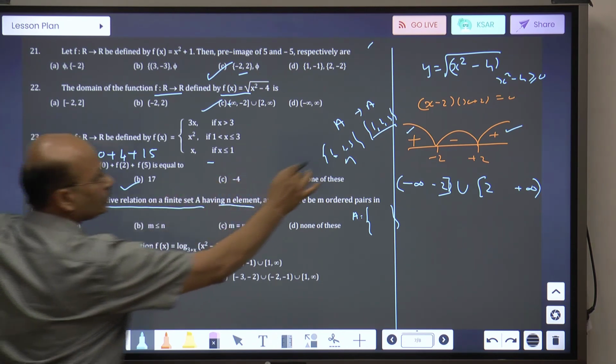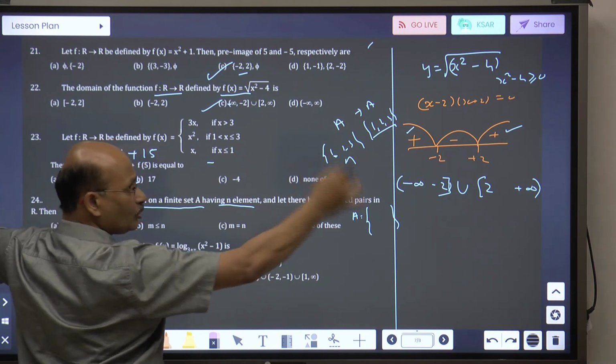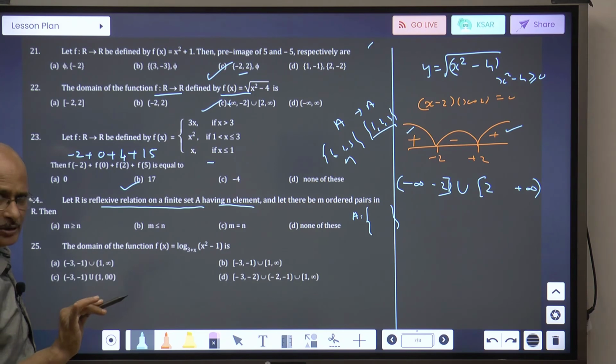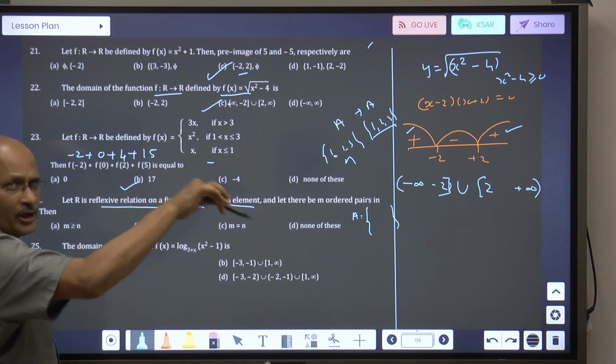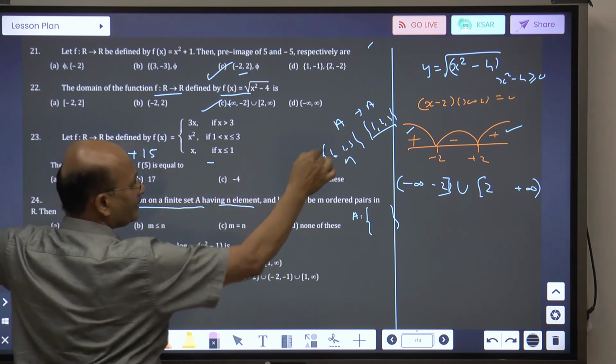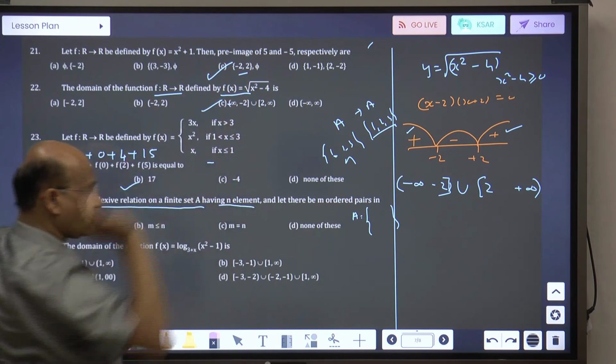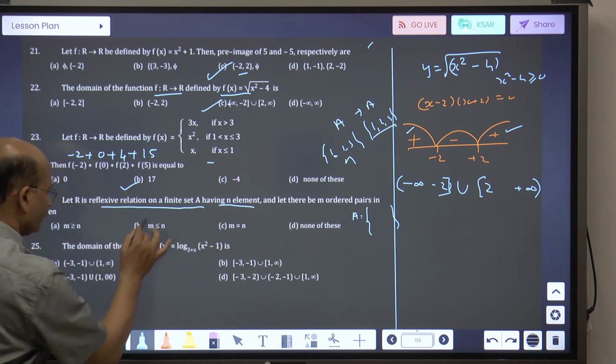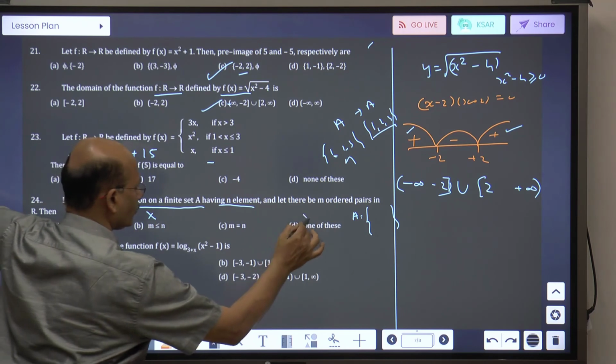If the set is 1 2 3, then to be reflexive, 1 1, 2 2, 3 3 are necessary. That is the minimum. So the ordered pairs will be minimum 3, because there are 3 elements. If there are 4, there will be minimum 4 ordered pairs to make it reflexive. So this option is out of question, this option is out of question.